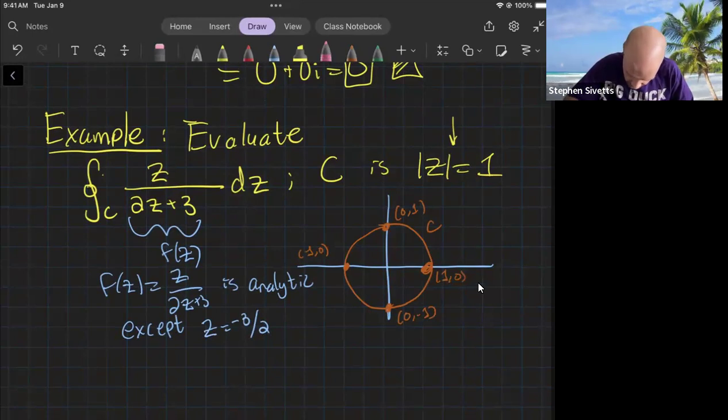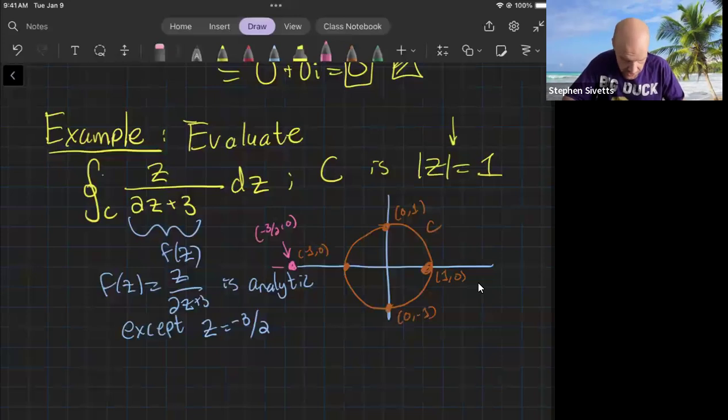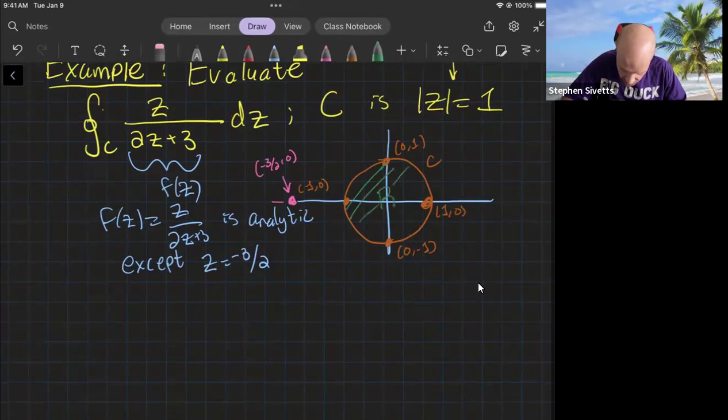So it's a point that's way out here, minus 3 halves plus 0i. That is where the function is not analytic. So that's good. R would be the region inside the unit circle, and this point is not inside the unit circle.